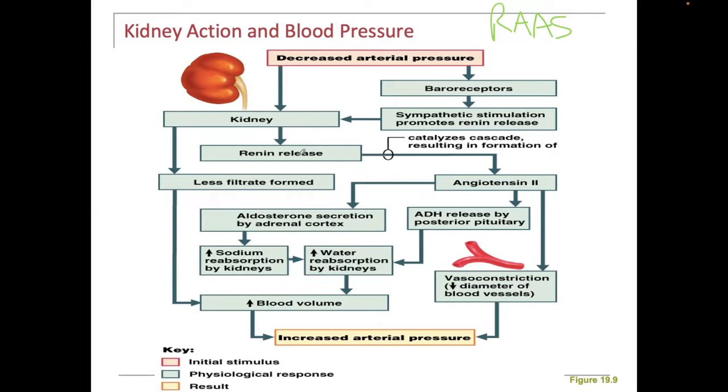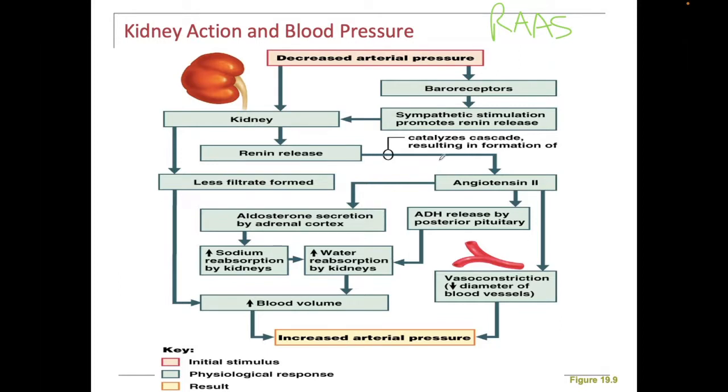The kidneys make renin. We said renin is going to convert angiotensinogen into angiotensin 1.